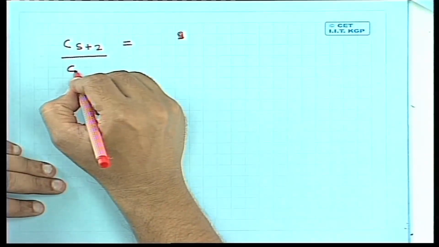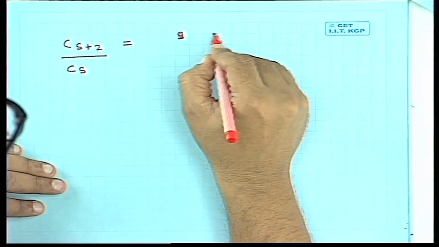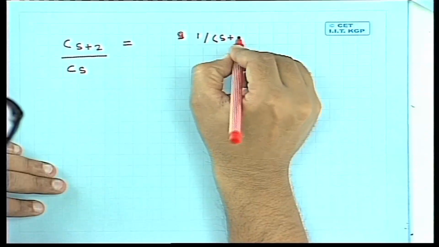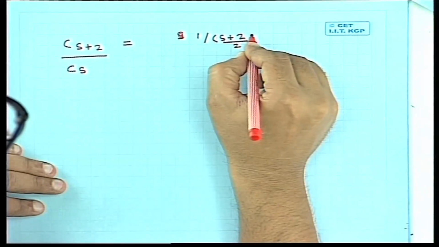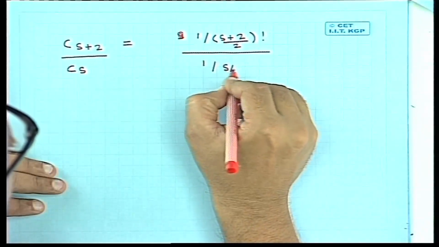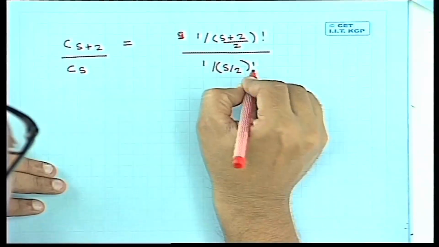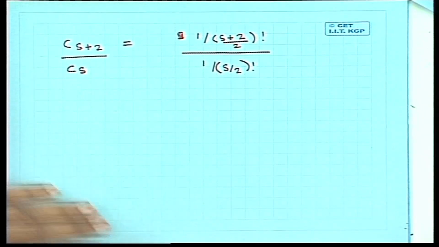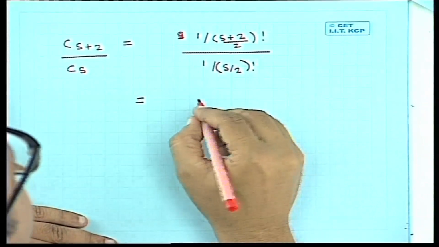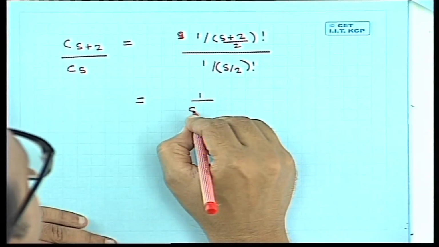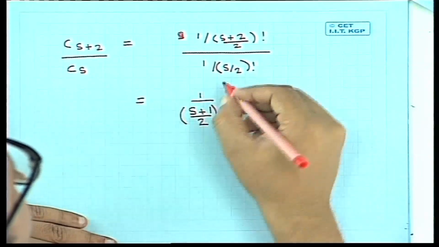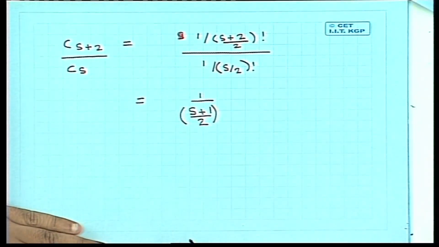This is equal to 1 by ((s+2) by 2) factorial divided by 1 by (s by 2) factorial, and what we have is a factor of 1 by (s plus 2) by 2 left after we cancel out these two.